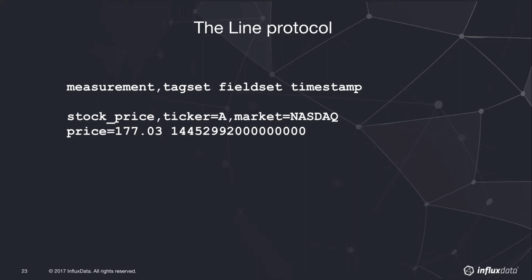Everything after that is your field set until you get to a timestamp. Now the timestamp is optional. If you don't put a timestamp in, InfluxDB will calculate that timestamp, I believe, according to UTC. So this is an example of line protocol. This is how InfluxDB ingests data using this particular protocol.